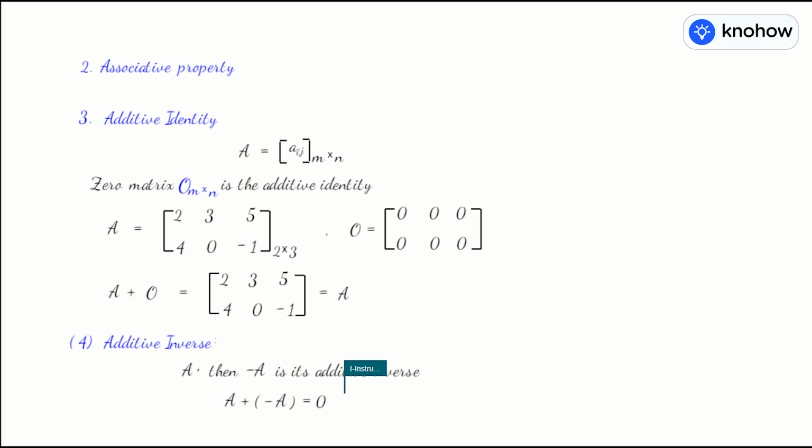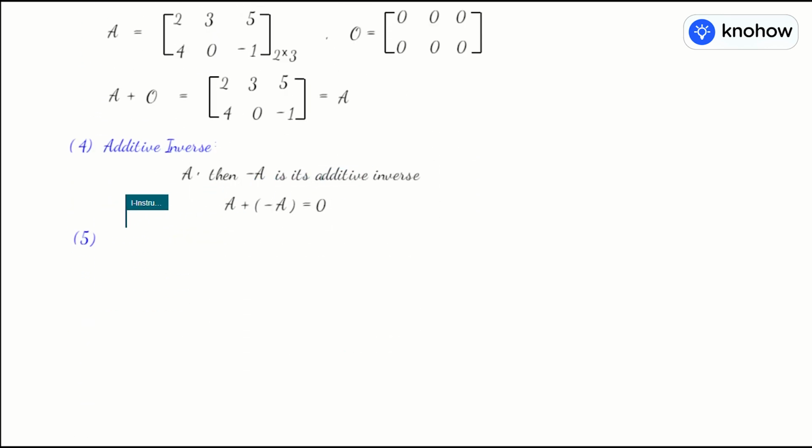Finally, what is the distributive property? The scalar multiplication distributes over the addition of matrices. If k is a real number, then what is k times A plus B? It will be kA plus kB. We say the scalar multiplication distributes over the addition. K of A plus B is kA plus kB.